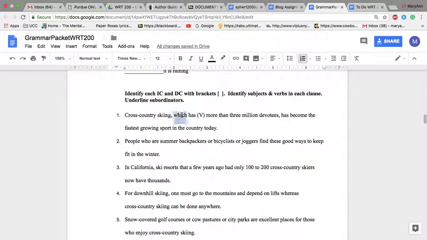So you want to underline it because it's a subordinator, but you also want to mark it as the subject of the dependent clause. That starts our dependent clause. So let's bracket it off: which has more than 3 million devotees. There's our DC. So let's mark that as a DC.